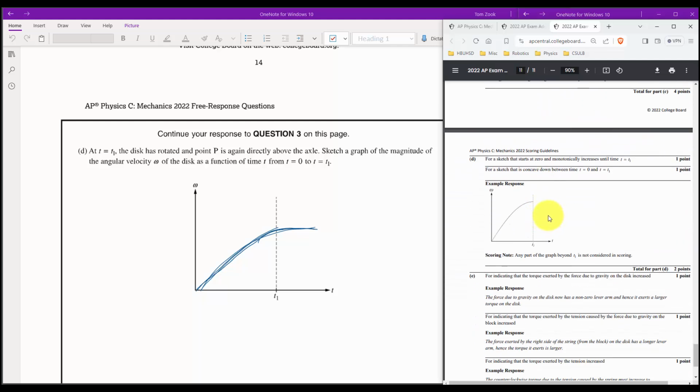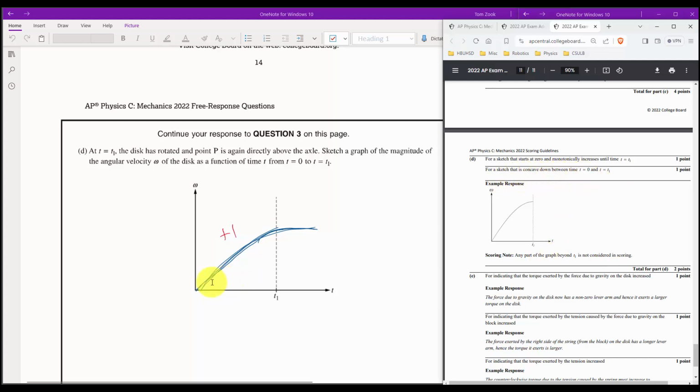D, so we get, that doesn't continue. For a sketch that starts at 0 and monotonically, that is the first time I've ever seen that word, increases until time T1, 1 point. Okay, so I'm going to call that 1 point. I don't know if that's monotonically enough for it, whatever, but sketch is concave down between.